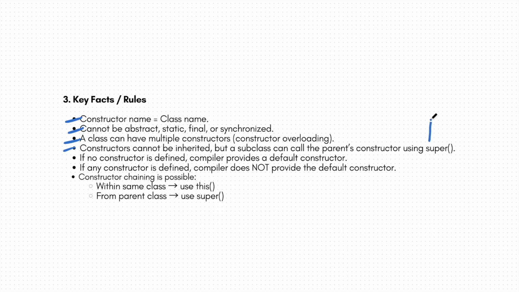Super is just a keyword to call the constructor of the parent class. You cannot inherit it, you can just call it. If any constructor is defined, the compiler does not provide the default constructor.